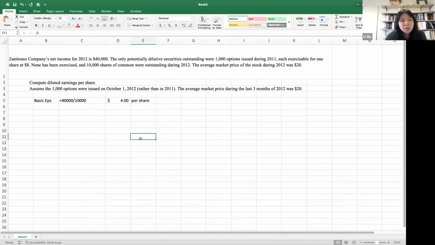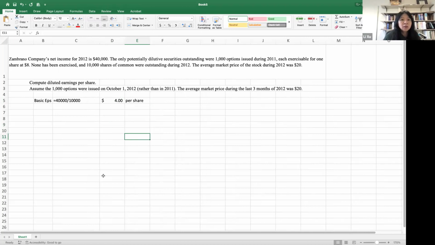Next, we're going to calculate the diluted earnings per share. To calculate diluted earnings per share for options, remember we're using something called the treasury stock approach. What is the treasury stock approach? It means we first assume we're going to use the money we collected from the option holders to buy shares on the open market. We only issue common stock if we don't have enough. Step number one, you have to figure out how much cash you're going to receive if they actually converted.